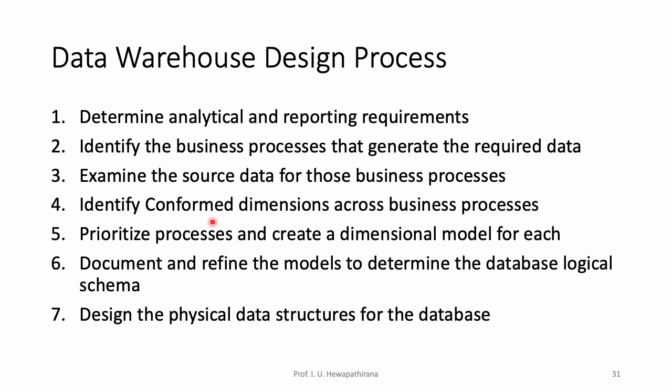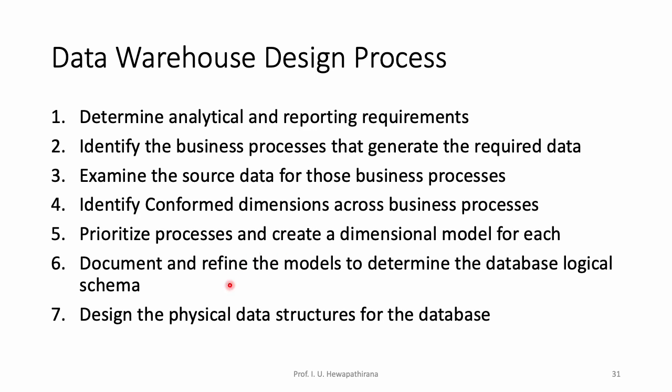After identifying the facts and dimensions, we have to identify whether there are any conformed dimensions across business processes. In the previous example, we only identified one business process, but in a real world situation, there can be multiple business processes. So we have to identify those and then identify the conformed dimensions. Then we have to prioritize processes and create a dimensional model for each process.